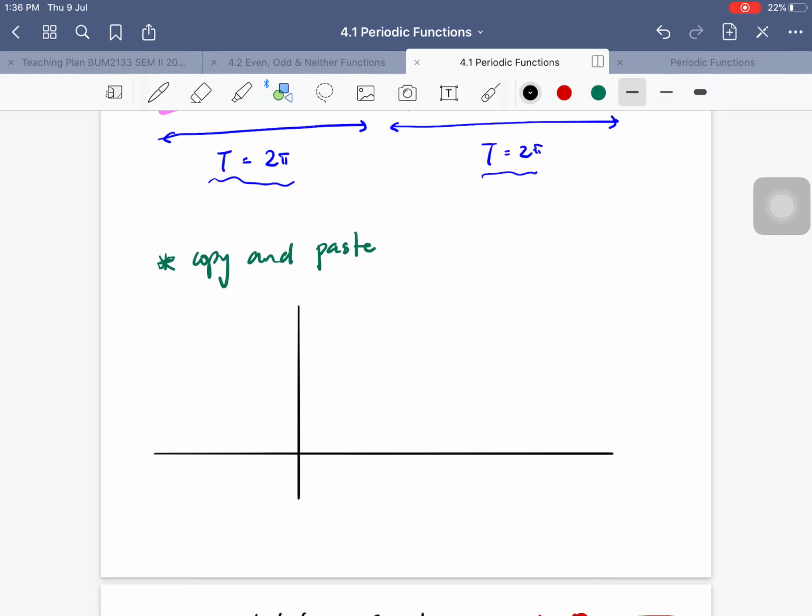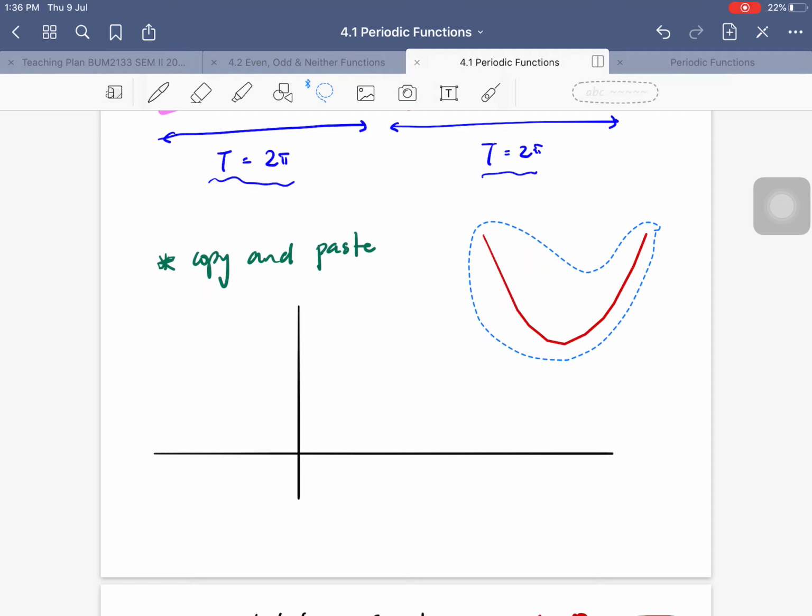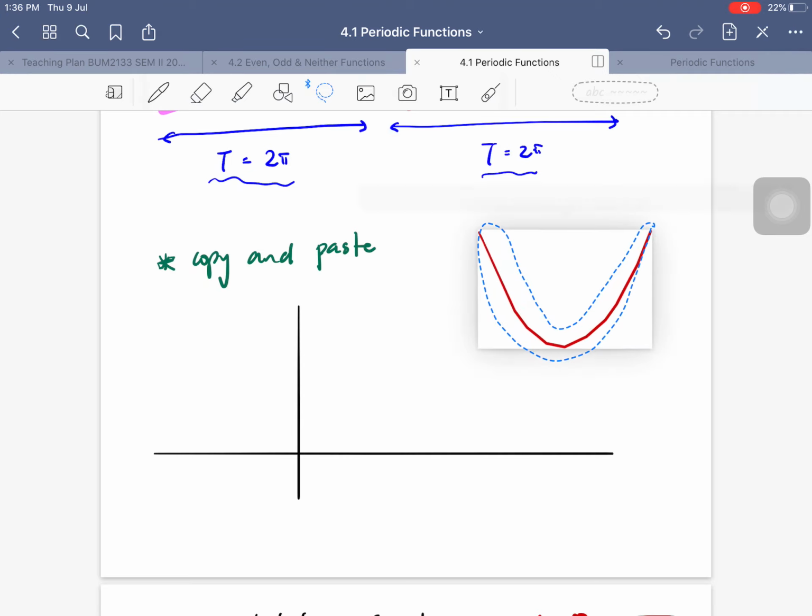Okay, let's say I have something like this, and the primary shape is going to look somewhat like this. So let's say that is the primary shape. How do we get the primary shape? That will be from the function given in the question. So don't worry about that. Later I'm going to show you a bunch of examples. Basically it's just from the question given.